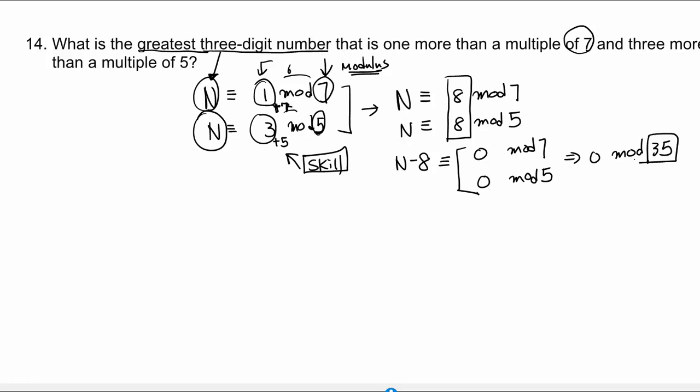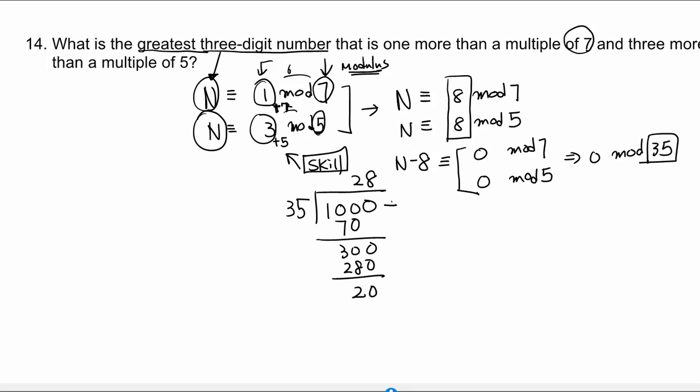Now let's find the greatest 3-digit multiple of 35. You can use 1000, or 999 is okay too. Take a look: 270, 300, when you have here 8, 280, right? So 20 is left.